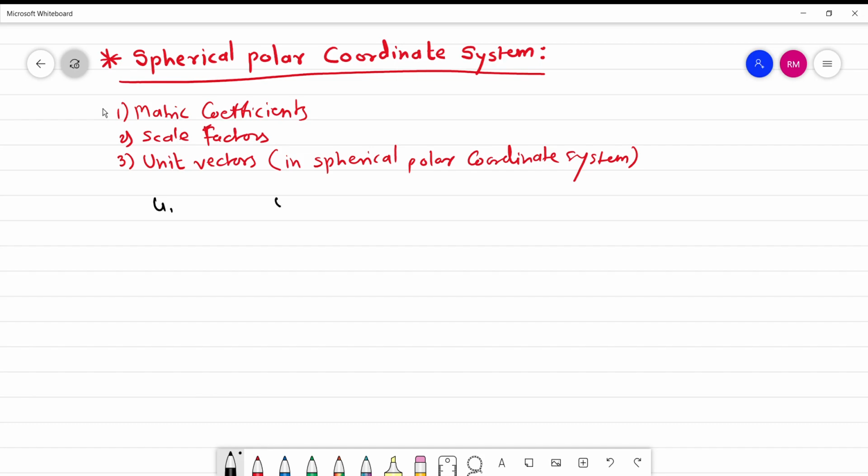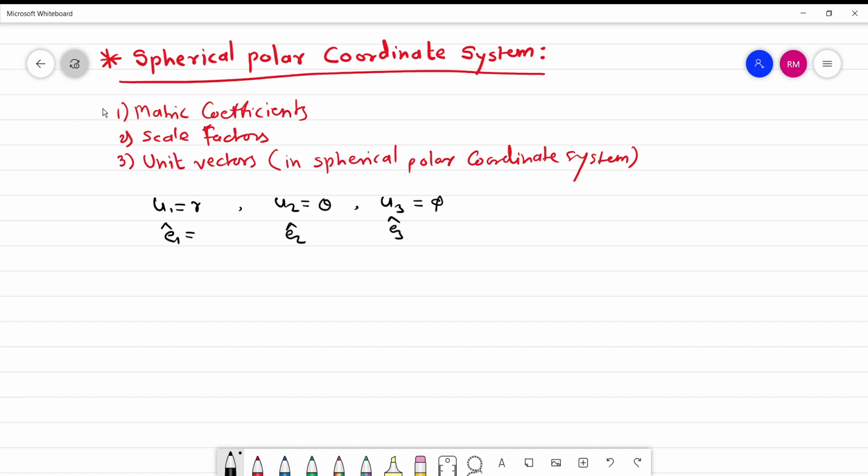u1, u2 and u3 are coordinates in an orthogonal curvilinear coordinate system, and E1 cap, E2 cap and E3 cap are unit vectors in the orthogonal curvilinear coordinate system. Now if we compare the orthogonal curvilinear coordinate system with the spherical coordinate system, u1 is r, u2 is theta and u3 is phi, right?